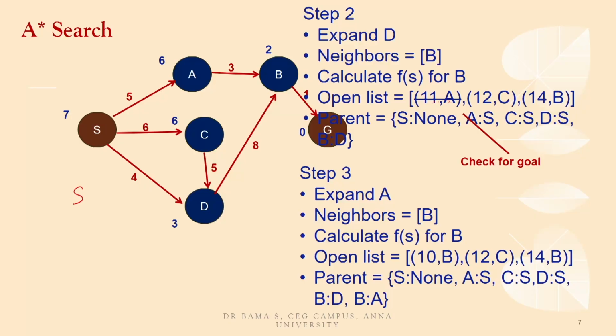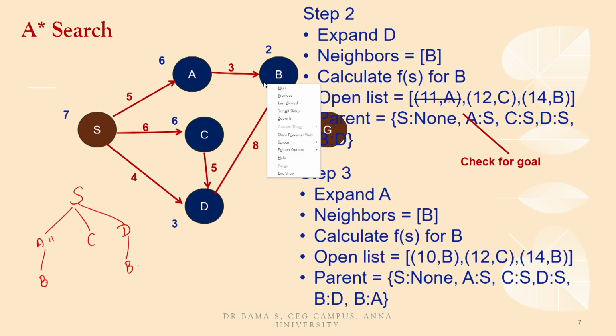So, A with 11 will be popped out, again it is checking for goal. Suppose if I redraw the entire one, this will be A, C, D and B. Now, from A, the branching out is B.